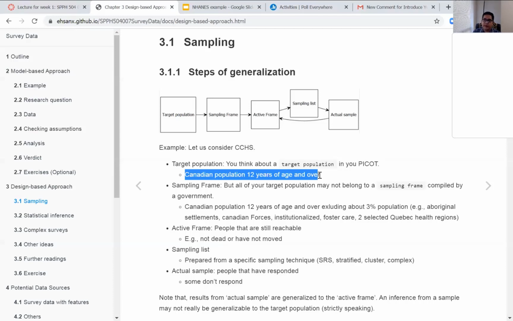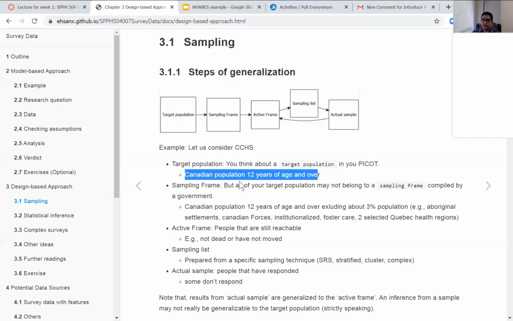Releasing those datasets to the public is one concern, and another concern is that that population might not be able to provide the proper information that we need to collect in this data. So assuming that this is your target population, the Canadian population, 12 years old or over, you want to sample from them.